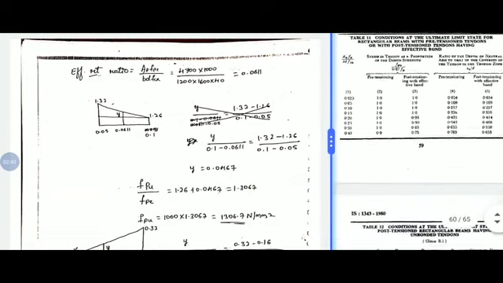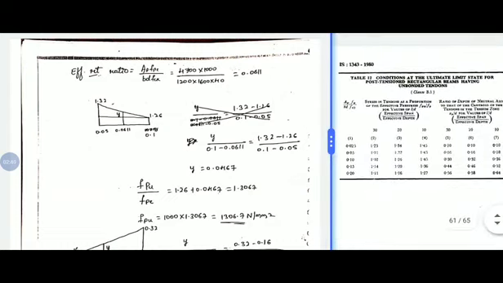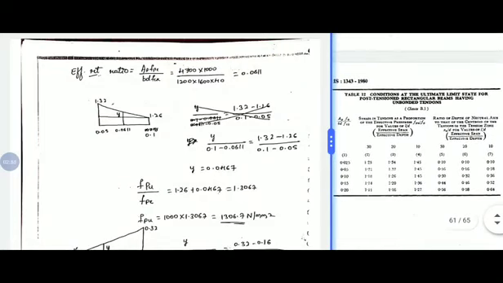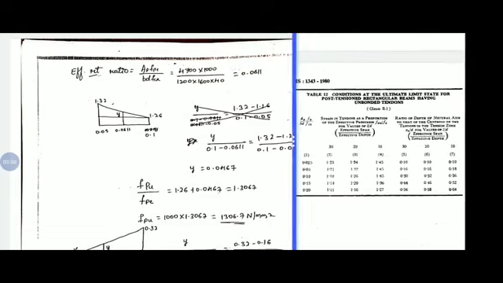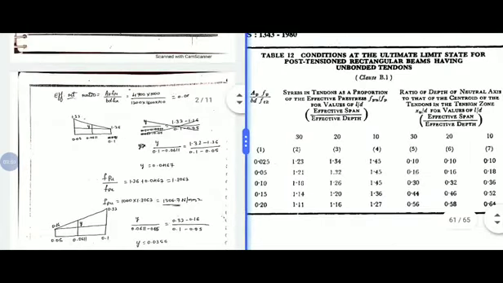Now unbonded flanged section, go to table number 12. So first we need to check 0.0611. So 0.06 means it lies between 0.05 and 0.1.